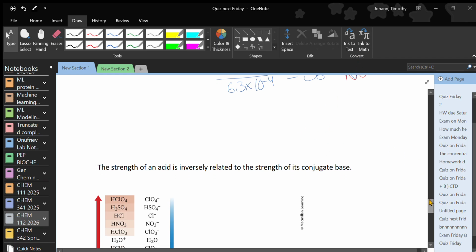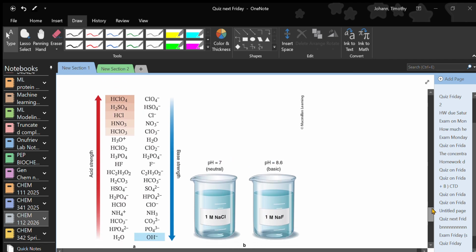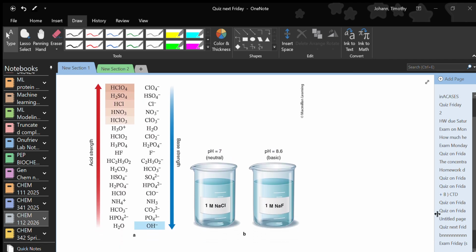All right, we can see that down here in this figure. We have a series of acids, and here you can see the really strong acids. Going through these, we haven't talked about perchloric acid, and at least last semester, I didn't have people in my class memorize the chlorates and chlorites. But you can hopefully see that this is the conjugate base over here.